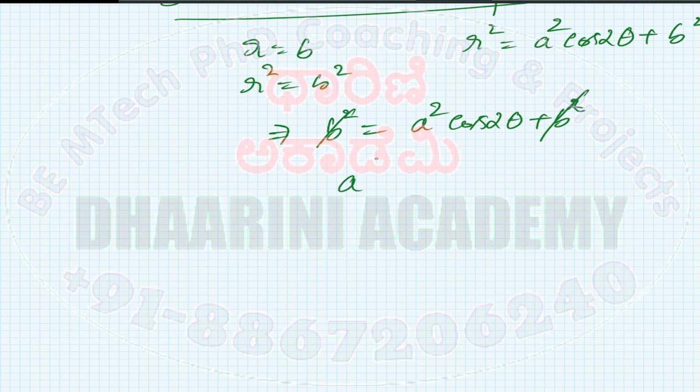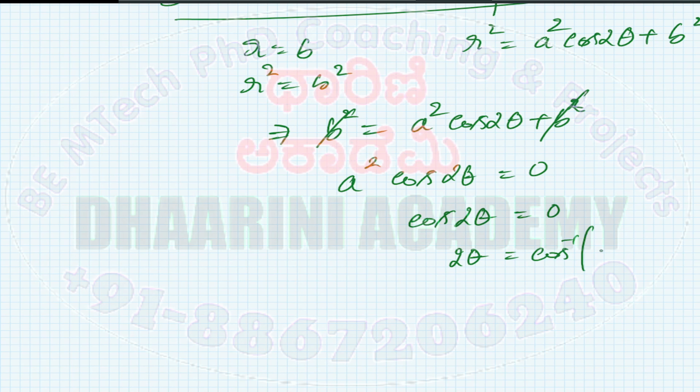That means a square cos 2 theta is equal to 0, correct? So this means cos of 2 theta is equal to 0. Anyway, a square has no meaning now, it gets cancelled. So cos of an angle is 0 means cos 90 is 0. So 2 theta is equal to cos inverse of 0, that is equal to pi by 2. So what is theta? Theta now, 2 goes to the other side and you get pi by 4.